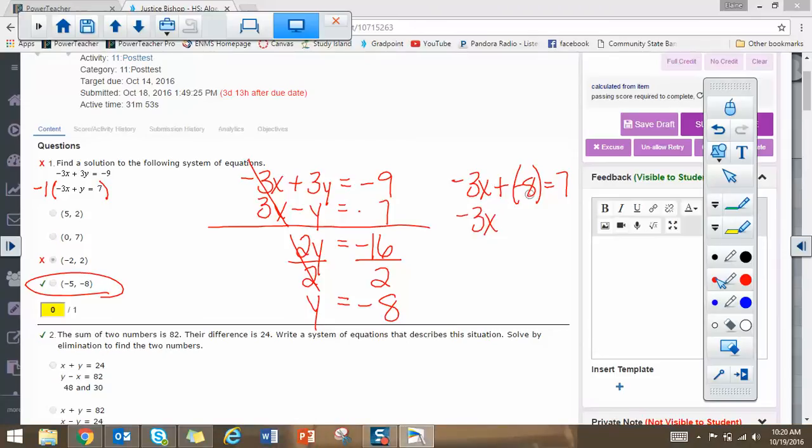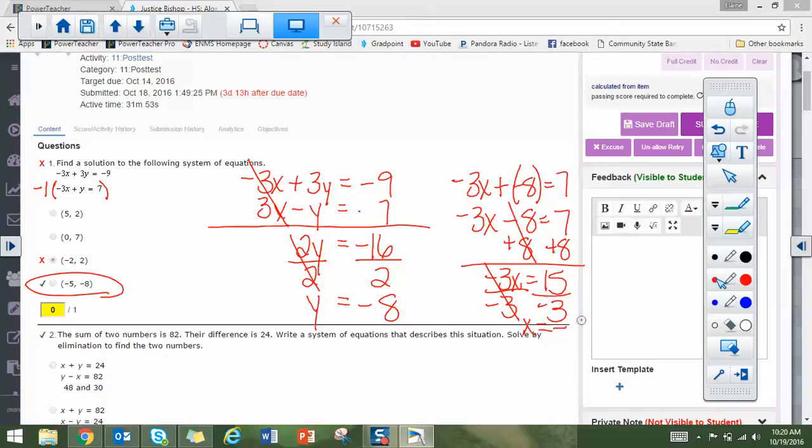I like to write adding a negative as just subtraction. So now I add 8 to both sides. We get negative 3x equals 15. Divide both sides by negative 3. And then you see that you get x equals negative 5, and that is in fact the answer there, negative 5, negative 8.